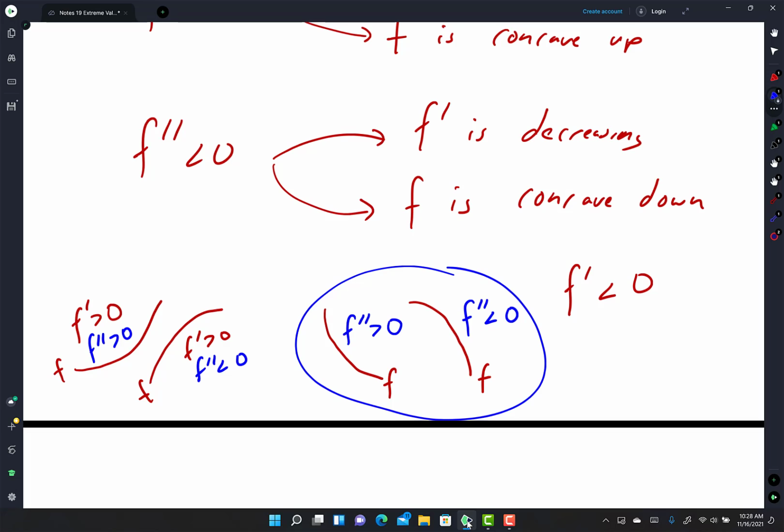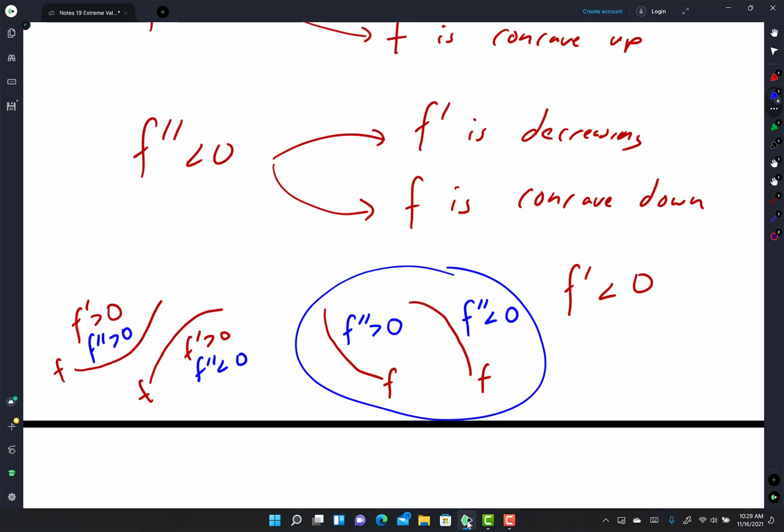So the rate of change of the slopes is positive. You correlate f prime with slopes, so the slopes are increasing.